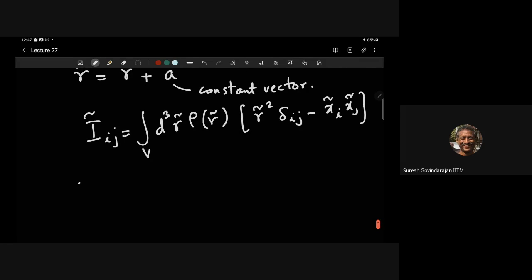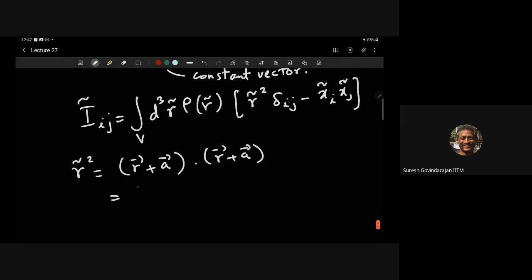So what is r tilde squared? It's just r plus a dot r plus a. If you expand this, you get r squared plus 2a dot r plus a squared. Here it is easy: x_i tilde is nothing but x_i plus a_i.